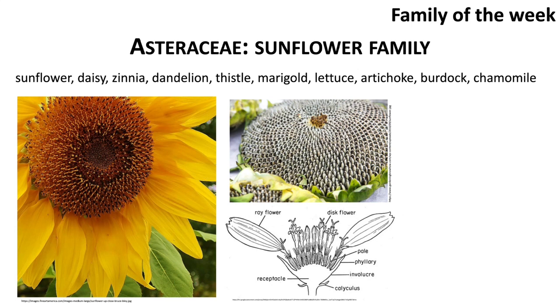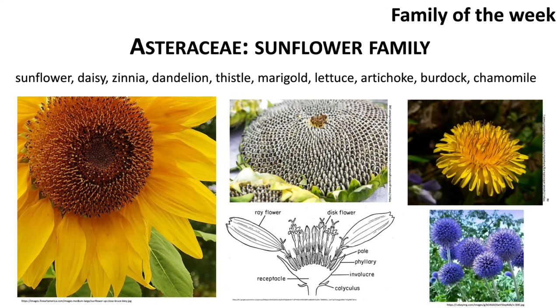And the flowers in the center are called disc flowers, and they look more like our standard flower because they are radially symmetrical. Sunflower seeds, then, come from one-seeded fruits that each develop from single disc flowers. Some Asteraceae flowers don't have both ray and disc flowers as sunflowers do. Some have only ray flowers, like dandelions, and some have only disc flowers, like the thistle below.